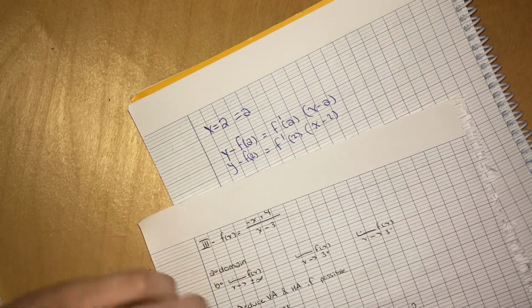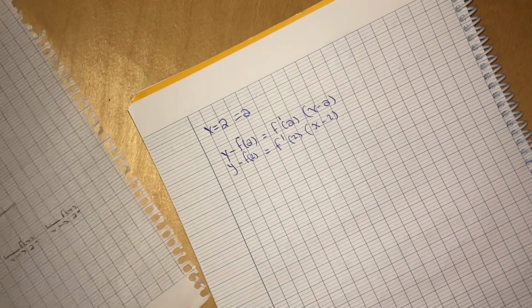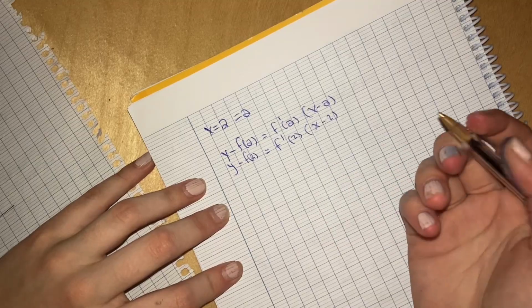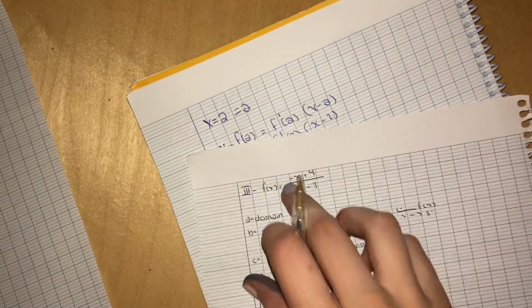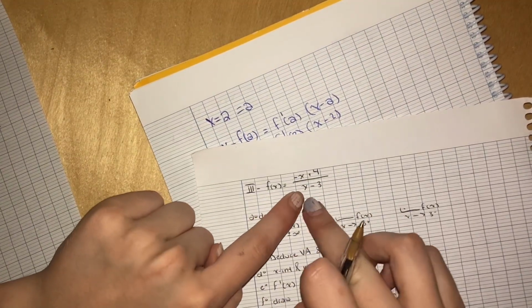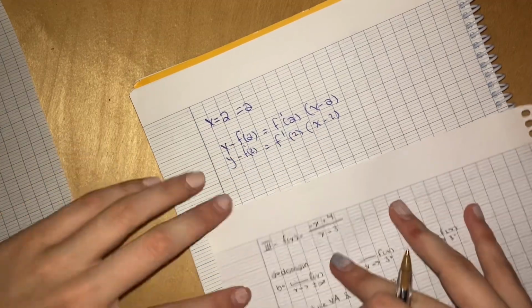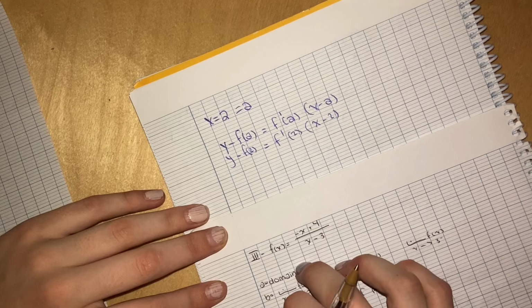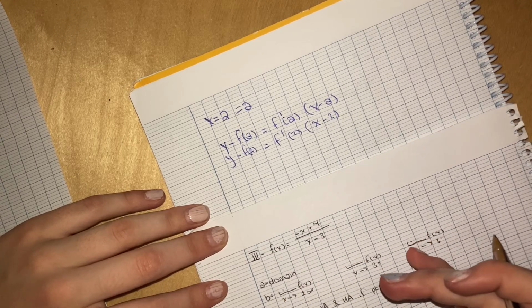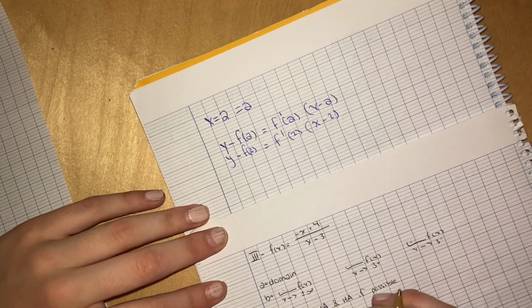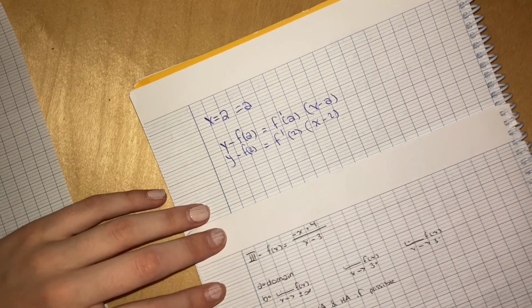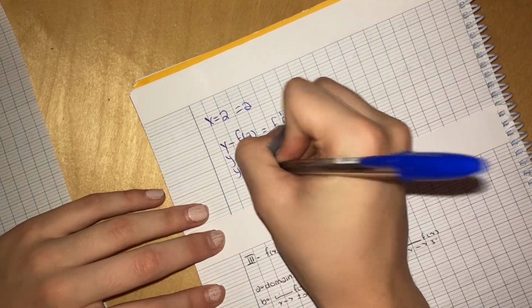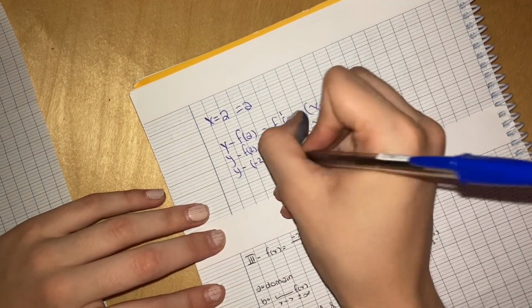Let me just figure this out really quickly. F of 2, we replace it into this, which is minus x plus 4 over x minus 3 because that's just the function. So minus 2, so 2 over minus 1, right? 2 over minus 1, so minus 2. So y minus minus 2.